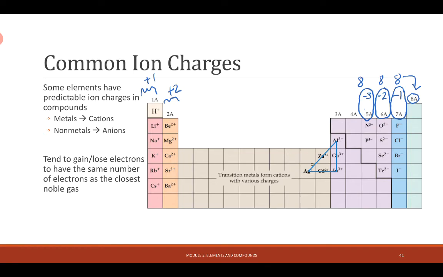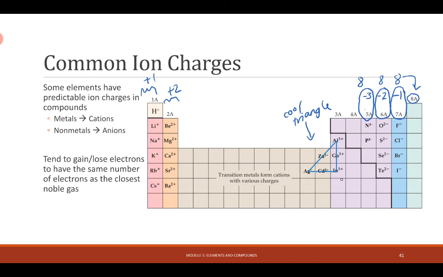Then there's this little region, this cool little triangle here. Doesn't really have an official name. I'm just going to call it the cool triangle in the middle of the transition metals going into the main group. But it starts at silver and goes up through aluminum and down through indium.